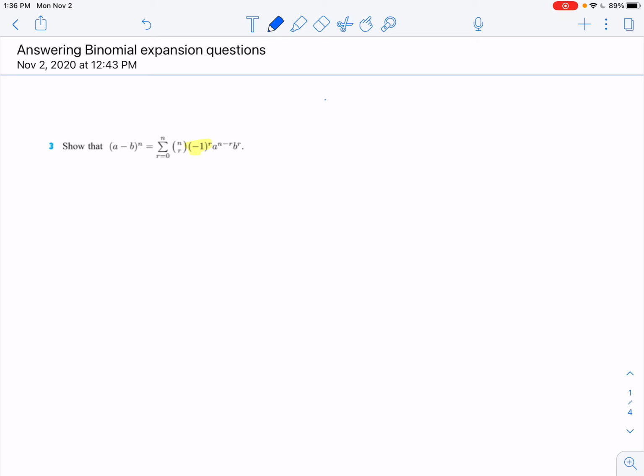So we know that (a + b)^n is going to be equal to the sum as r goes from 0 to n of the combination n choose r, and then the b term gets raised to whatever your r value is, and therefore the a is raised to n minus r. That is what they've defined for us.